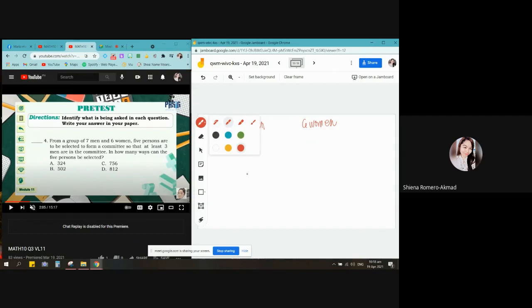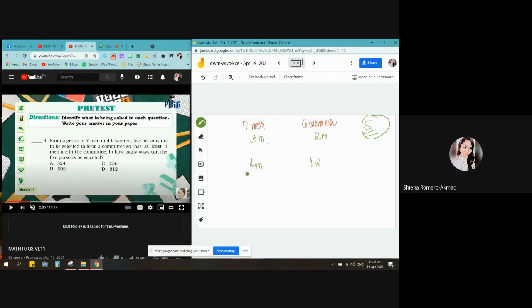Ibig sabihin, we are going to choose 3 men and ilang women? 2 women, kasi 5 ang members ng committee na bubuuin natin. So, pwede rin namang 4 na men and 1 woman.